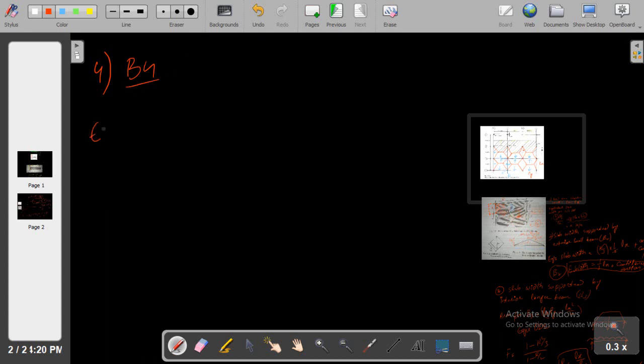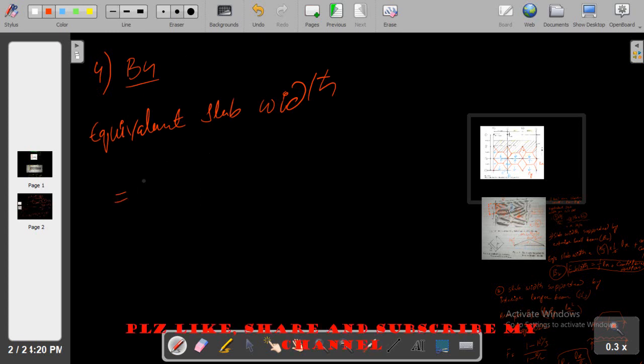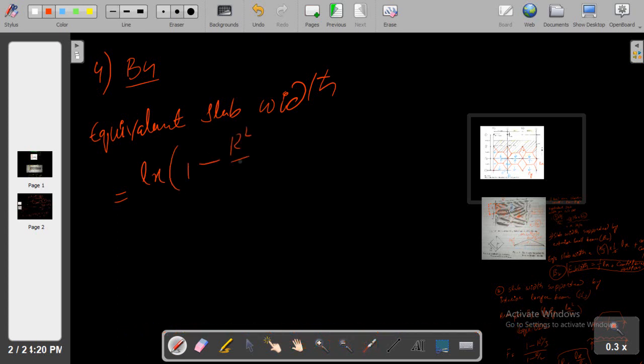So the equivalent slab width in this case will be half of that one. So Lx into 1 minus r square divided by 3, divided by 2, plus, if we have any cantilever portion, we have to add that cantilever portion.